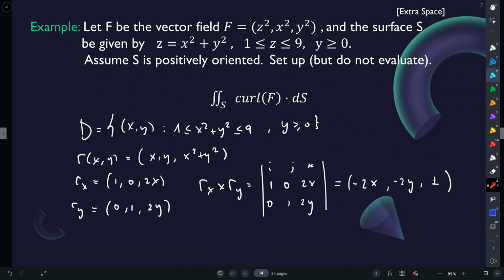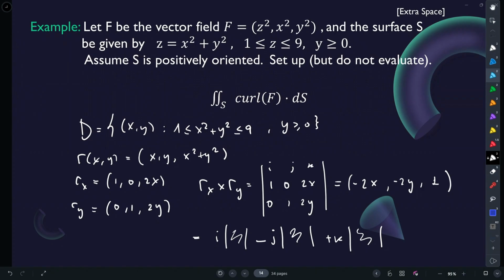It is minus 2y because in the j coordinate I have to do, this is i times something minus j. Remember that the expression is plus k times, there's an alternating sign on those determinants. So in j, I have 1 times 2y minus 0, so it's 2y, but I have to flip the sign because of the alternating signs of the minors.